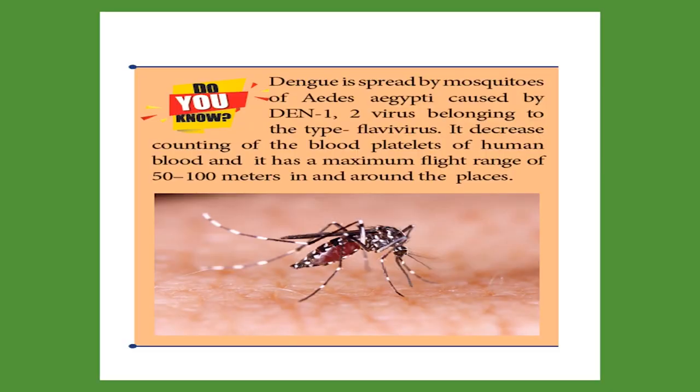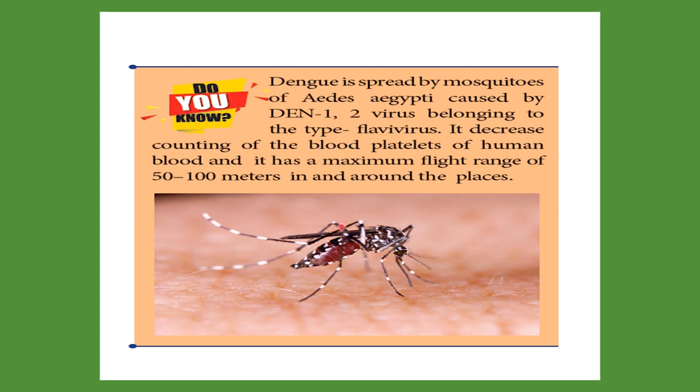The next one, dengue fever, is spread by the mosquito Aedes aegypti. In the binomial name, we can create a question. Dengue is spread by mosquitoes, Aedes aegypti, caused by the DEN 1 and 2 virus belonging to the virus type called flavivirus.